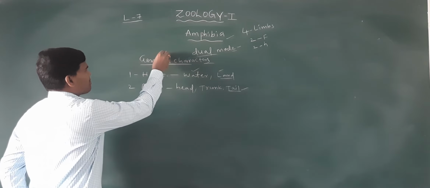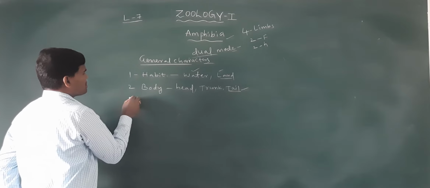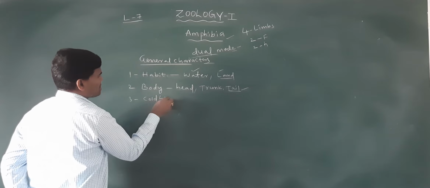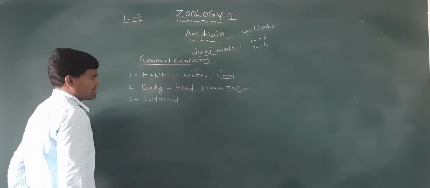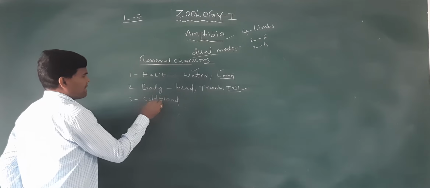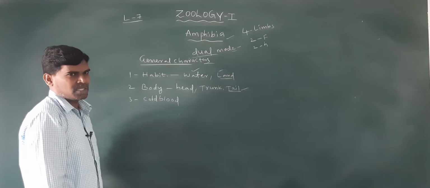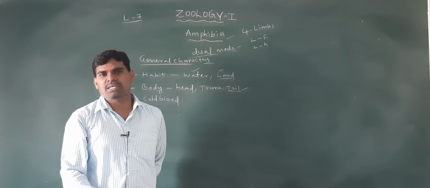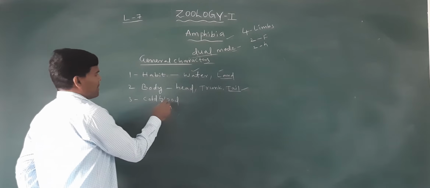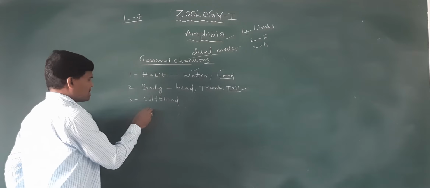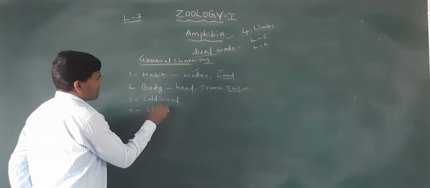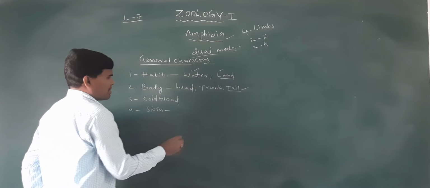Amphibians are poikilothermic, that is cold-blooded animals. When the environmental condition changes, their body temperature changes automatically. The skin of amphibians is scaleless. In which animals are scales present?